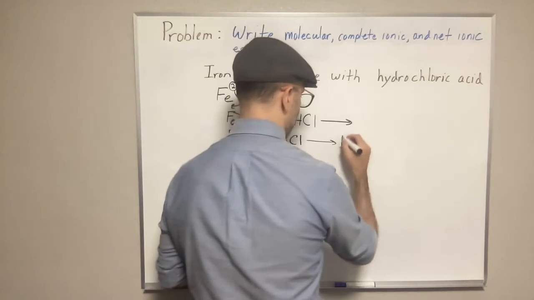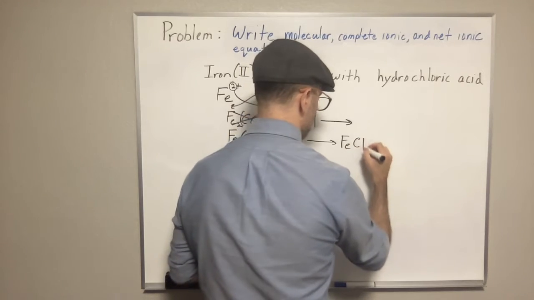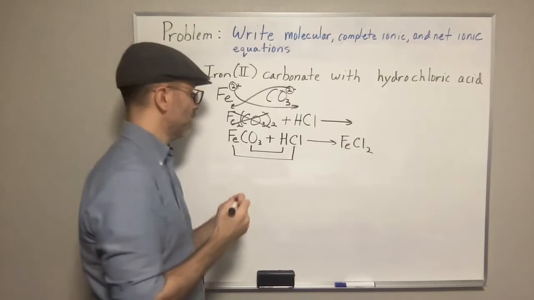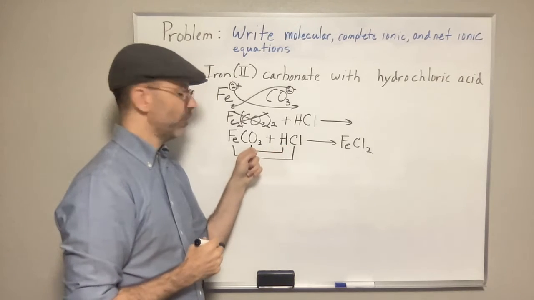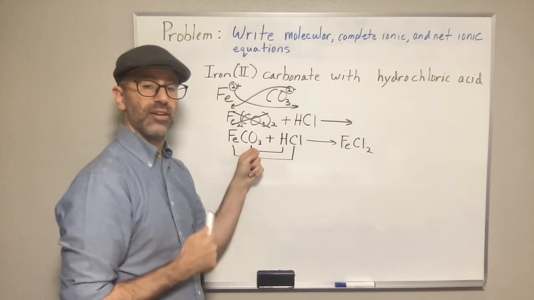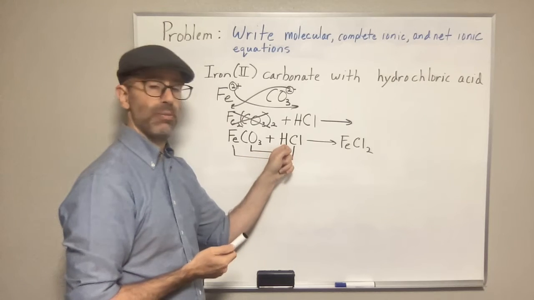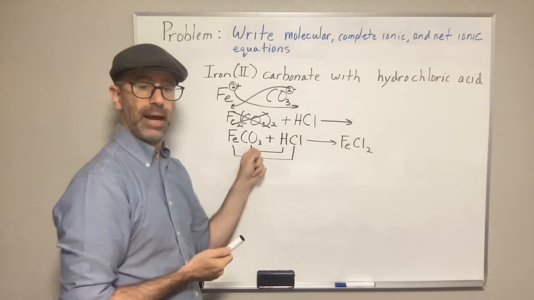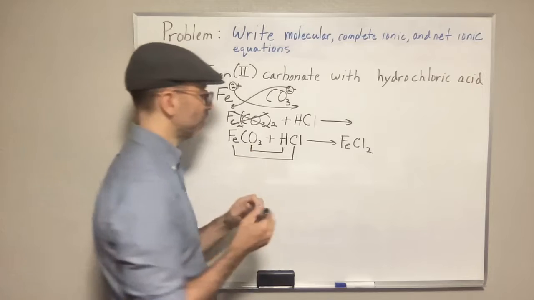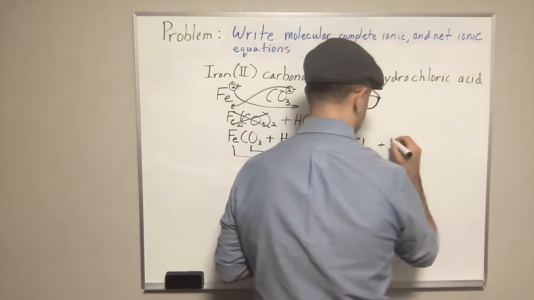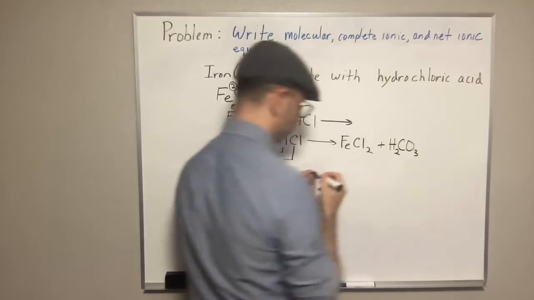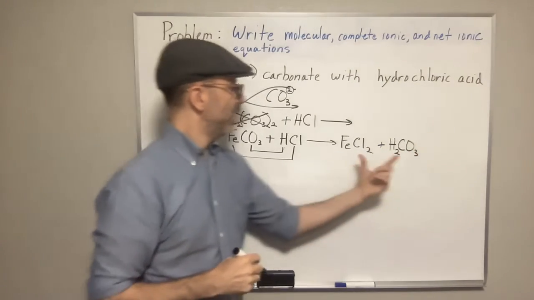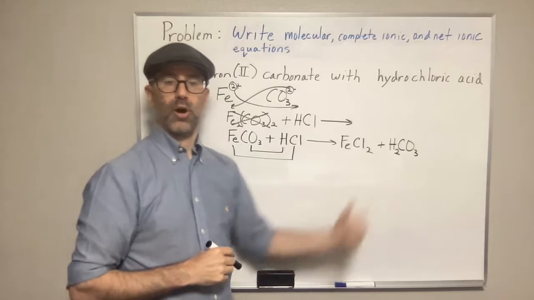So that's going to be FeCl2. And then we have hydrogen, that's going to be H+. And then we have our carbonate ion that has a 2- charge. So we're going to need 2 positive H's to balance the charge for our carbonate. So that's going to be H2CO3. And so now we have the formulas for our products.